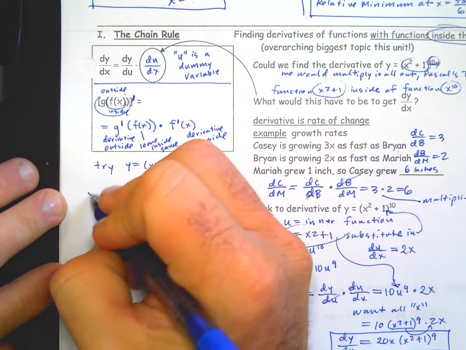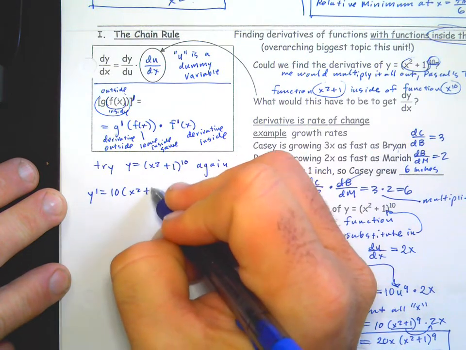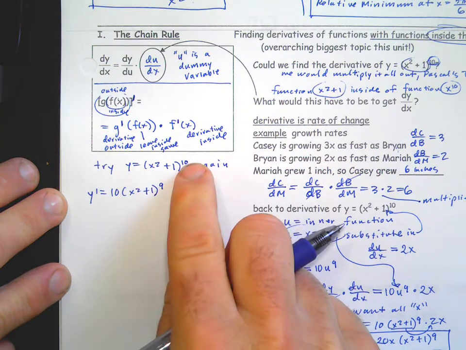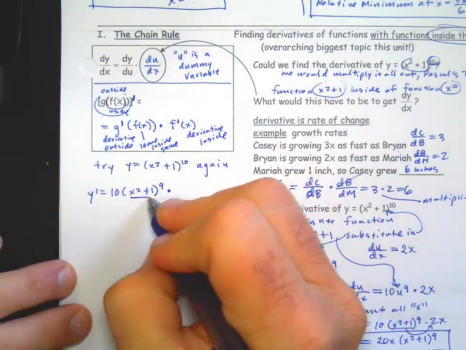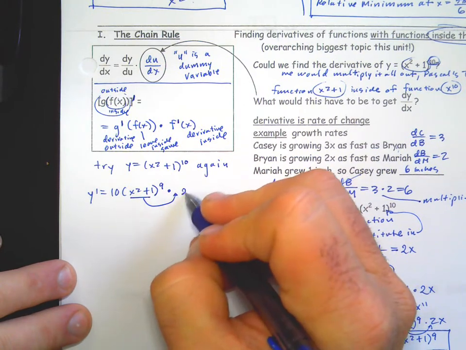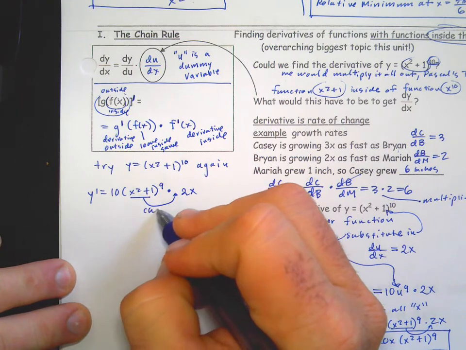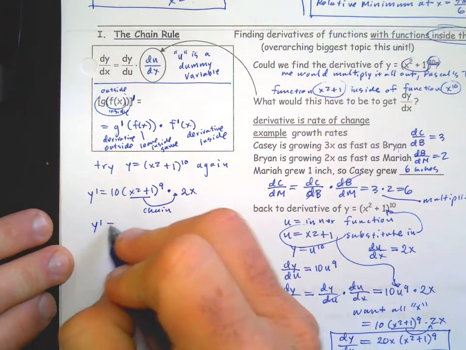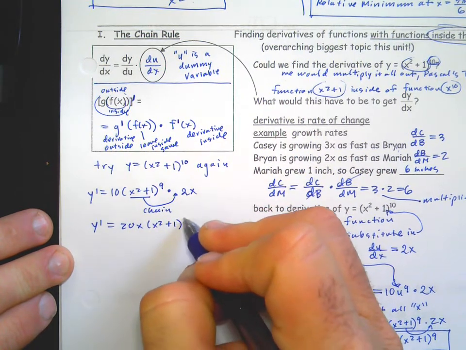The way we do it is we do the derivative of the outside function first: 10 in front, decrease it by 1, leave the inside the same, and then we multiply by the derivative of the inside afterwards. And that's the chain rule, okay? And then your final answer is 20x times (x squared plus 1) to the 9th power.